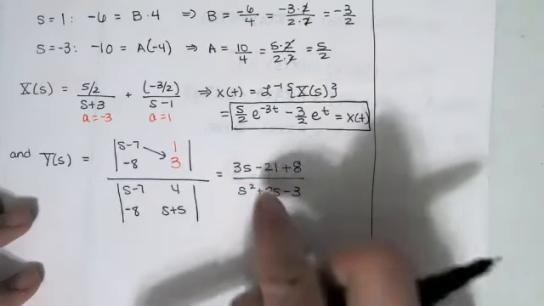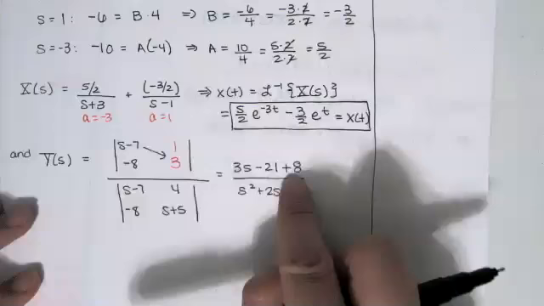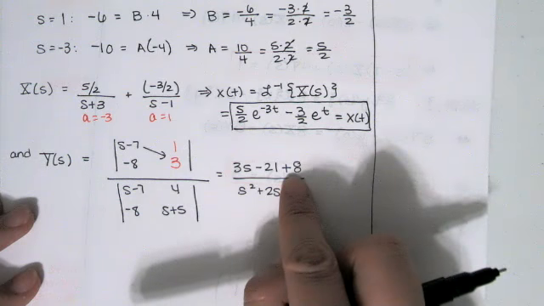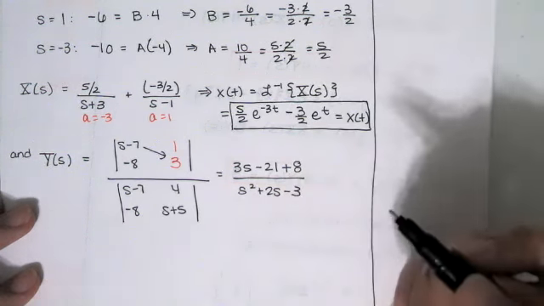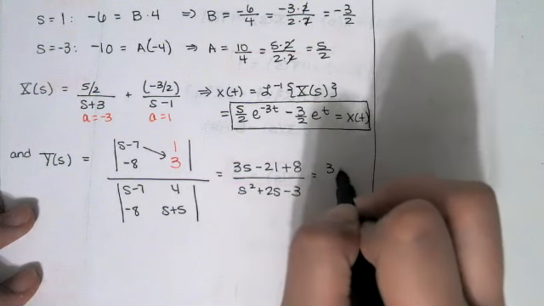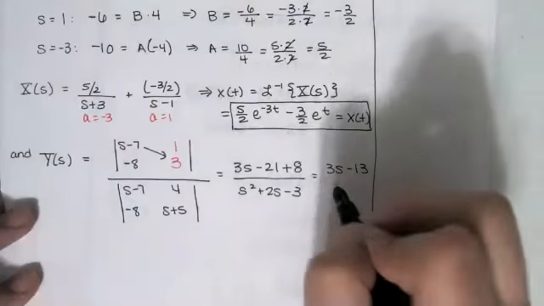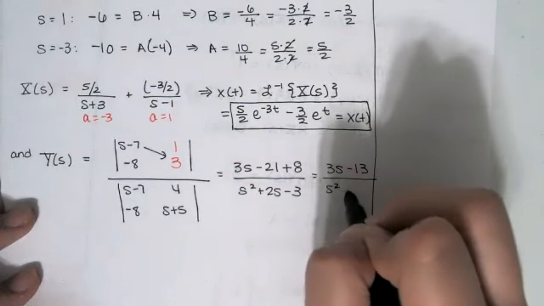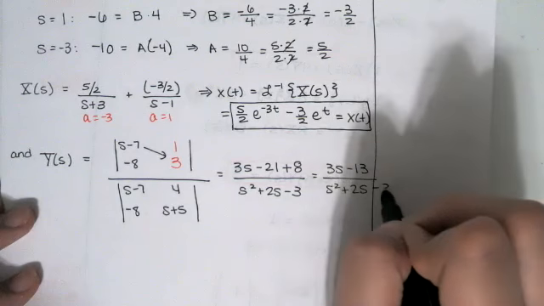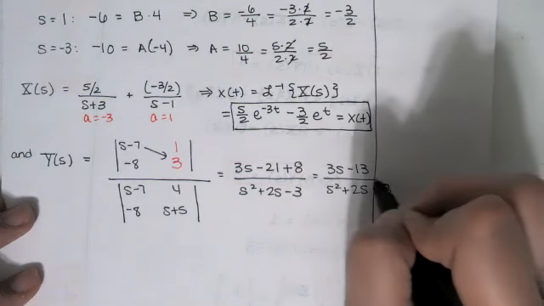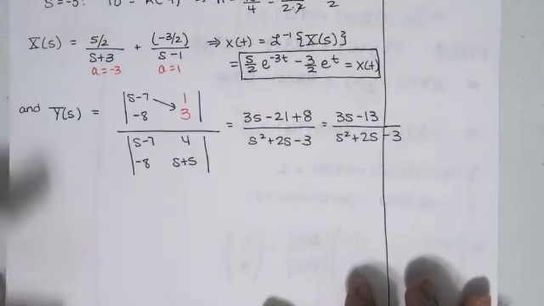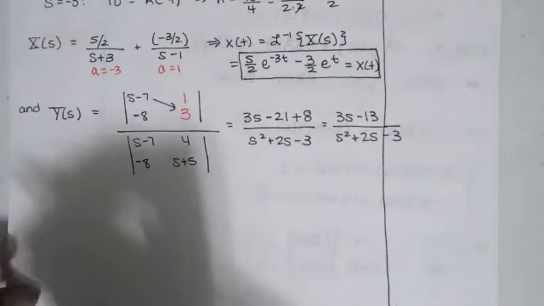Negative 21 plus 8 is negative 13. And we can use partial fraction decomposition again because we're trying to find y(t).